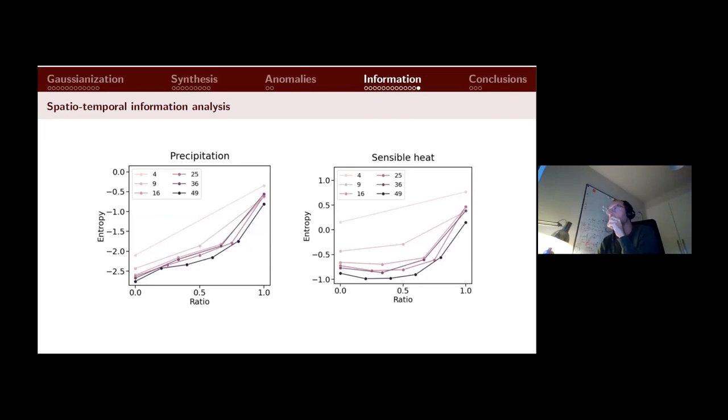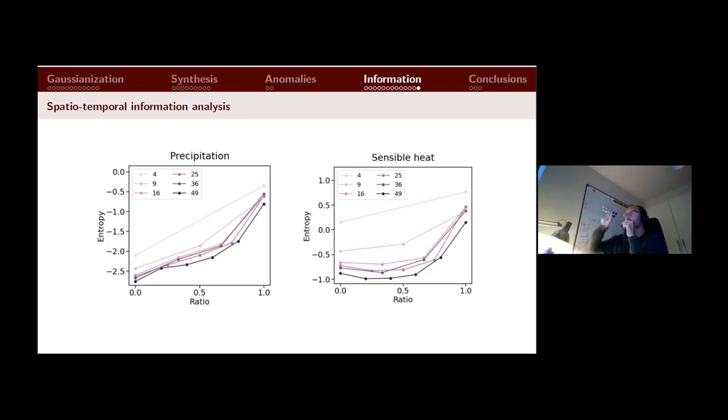And you can plot that in these very nice plots. Here we indicate the entropy, for instance, for two particular variables of interest, precipitation on the left, and sensible heat on the right, between the fully spatial, ratio 0, and the fully temporal representation, ratio 1.